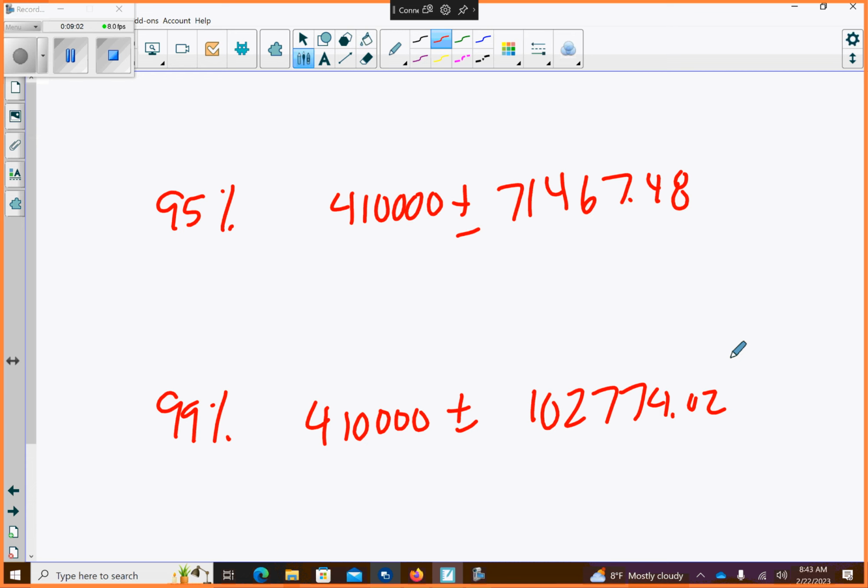So 410,000 plus 71467.48. So my top value here is $481,467.48.